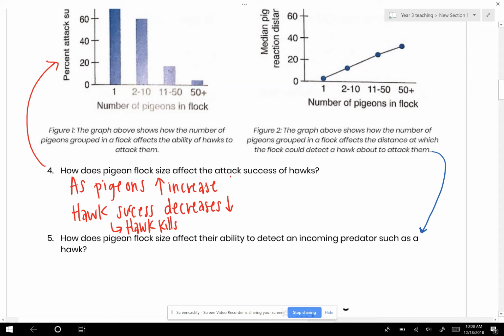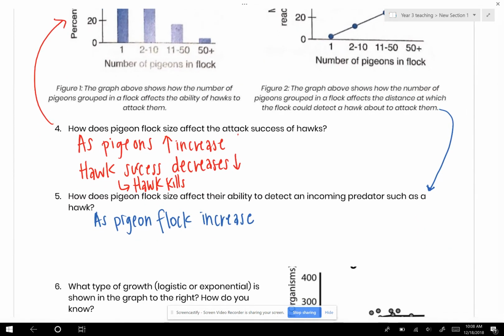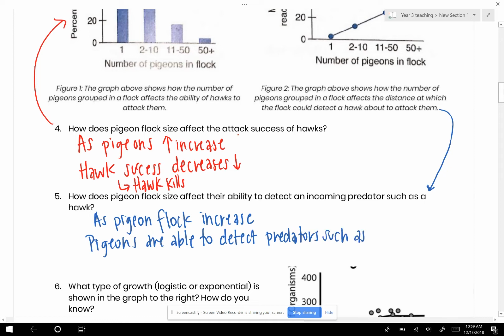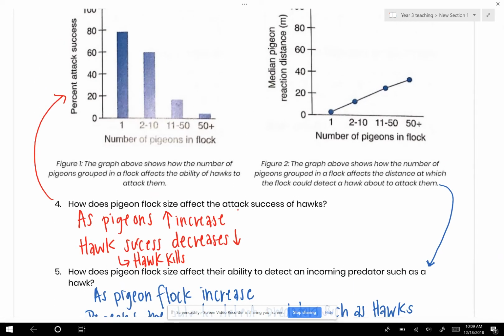So we can say as the pigeon flock increases, pigeons are able to detect predators such as hawks.